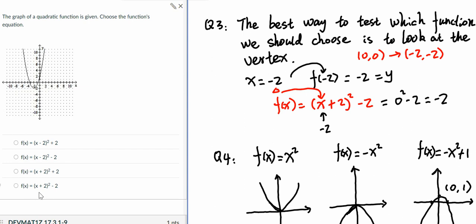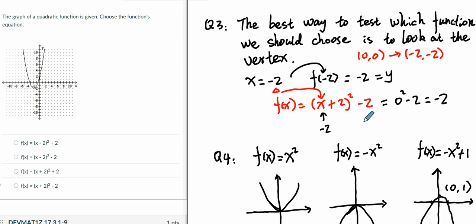So here we want to draw a conclusion for the horizontal direction. When you have x plus 2 here, that's really to the negative direction. So normally we rewrite this one like this.